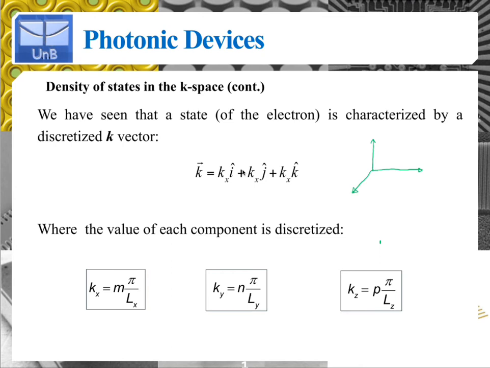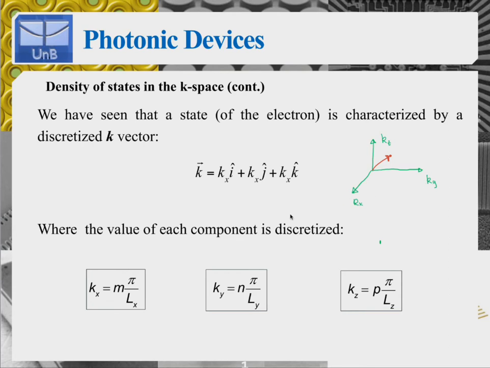So for example, in Cartesian coordinates, we could have kx, ky, and kz, and any vector in the k space, or the wave vector space, could be defined as a superposition of the scaled version of these three vectors.